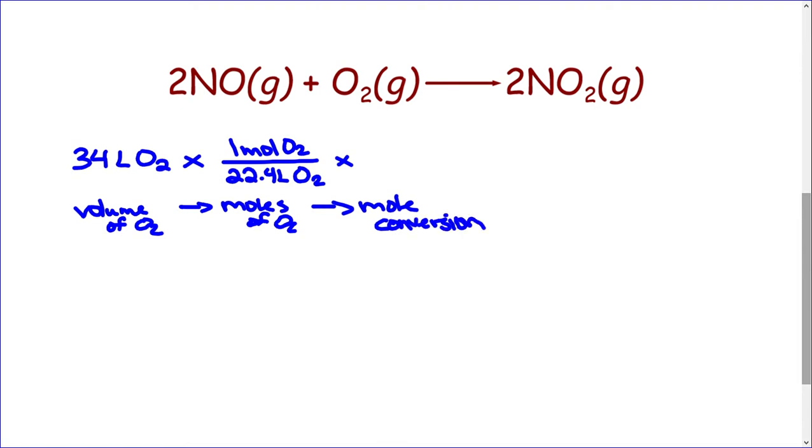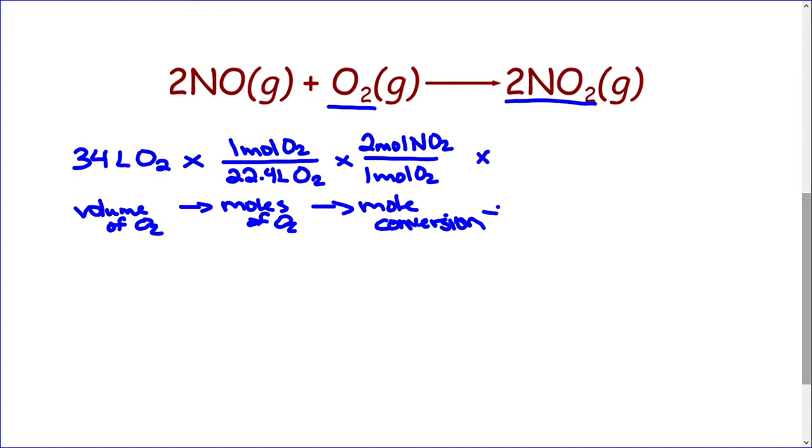Okay, so that mole conversion, I need to get from moles of O2 into NO2, into nitrogen dioxide. So we can see that I have 1 mole of O2 here, but 2 moles of nitrogen dioxide here. So 1 mole of O2 gives me 2 moles of NO2.